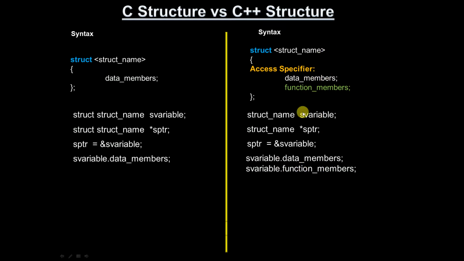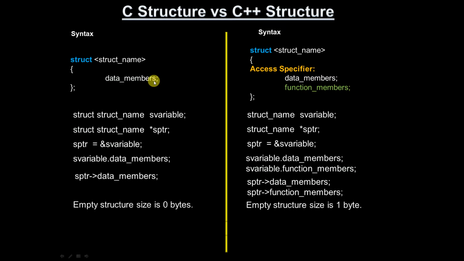By using a pointer, we need the structure pointer variable as well as the arrow operator to access these data members. In the same way, here also you need the structure pointer and arrow operator to access data members as well as function members of this structure. And here the empty structure size is 0 bytes, and here the empty structure size is 1 byte.